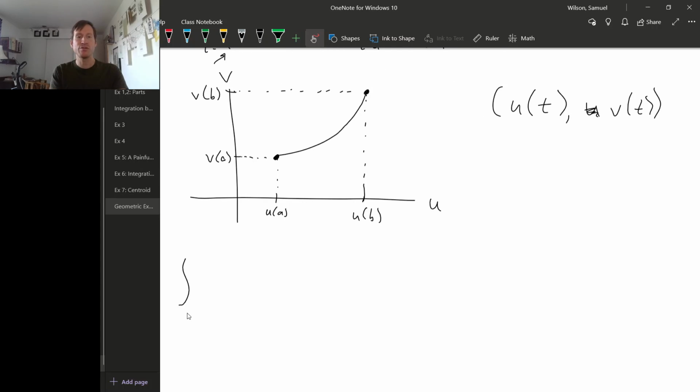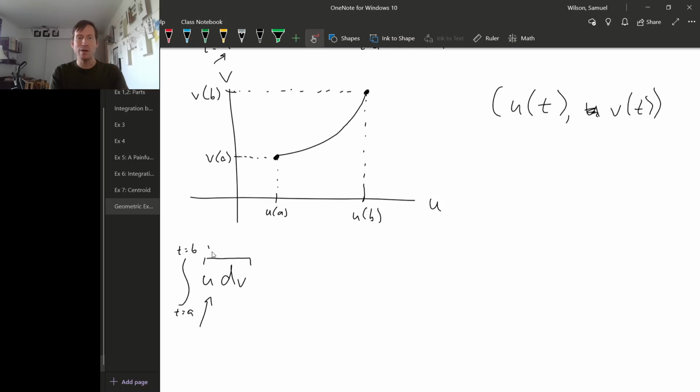So the integral from t equals a to t equals b of u times dv. Remember, u is a width in this situation, and dv is a height. So what does u times dv mean?